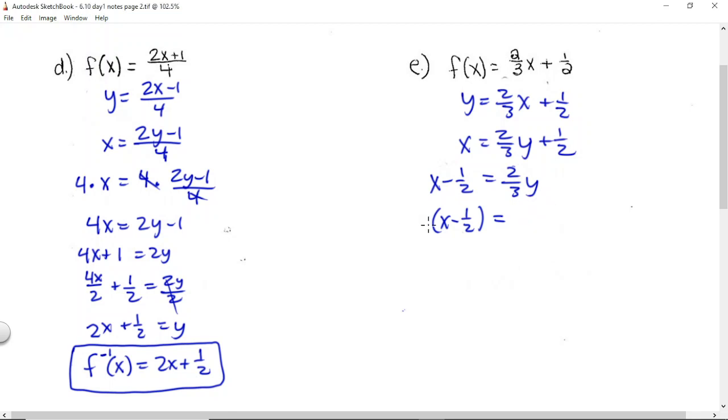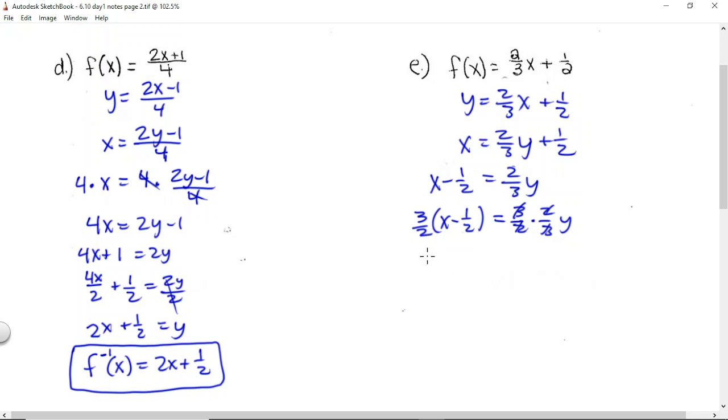So the reciprocal of 2/3 is 3/2. You just flip it. So we multiply the left by 3/2, and we multiply the right by 3/2. And if you're not sure why, hopefully that is becoming clear. Because on the right, that cancels that fraction out completely, and all we're left with is y.